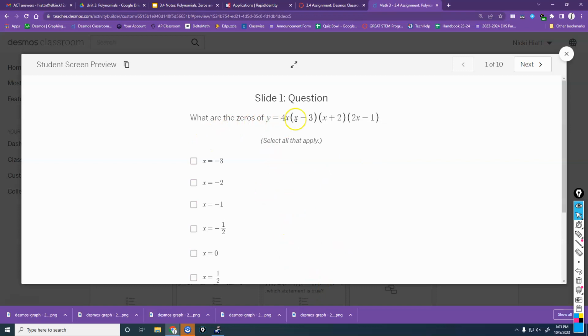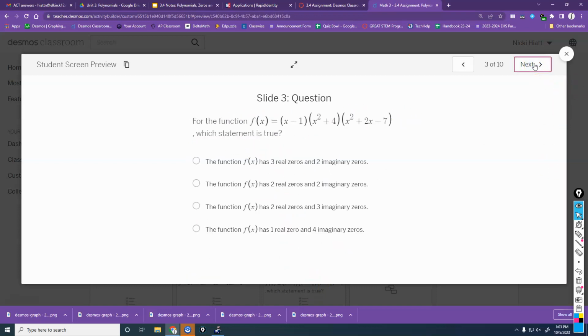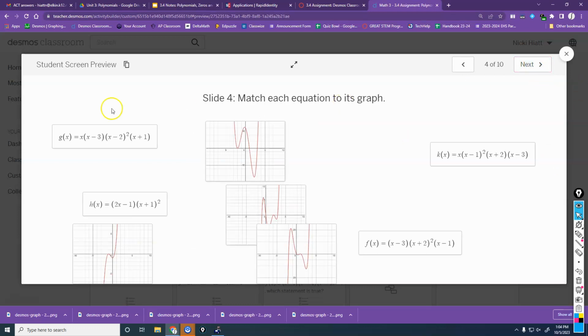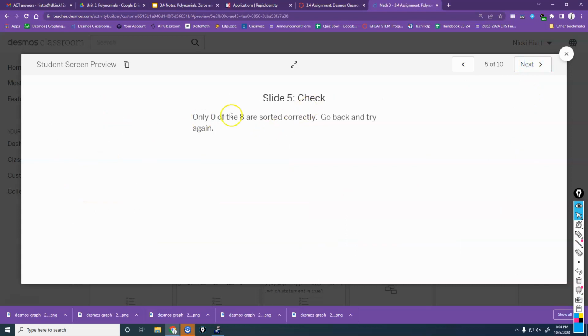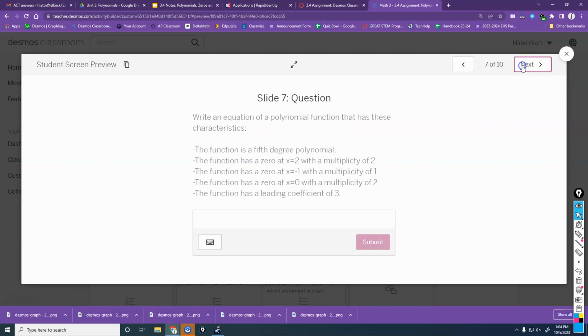So it's going to ask you for all of the zeros for some of these. There are a couple that are matching to the equation, and then the next slide will check it for you, like we've done a couple of those. Most of them are multiple choice. A couple of them might ask you to type it in.